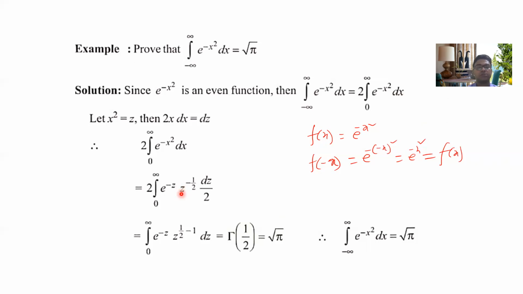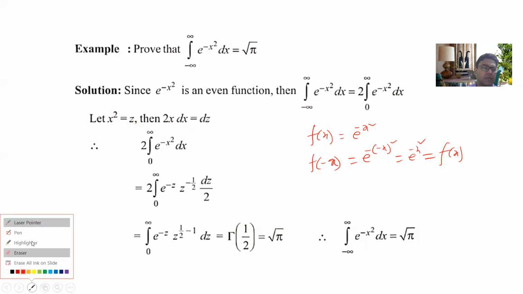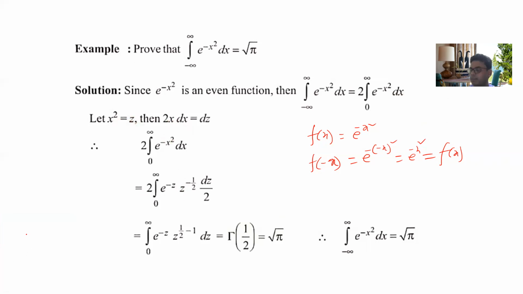Now, from where do you have this? What is z? What is x? Because dx, again I should write. Please check carefully. Ultimately, 2x dx is equal to dz, that is dx is equal to dz by 2x.